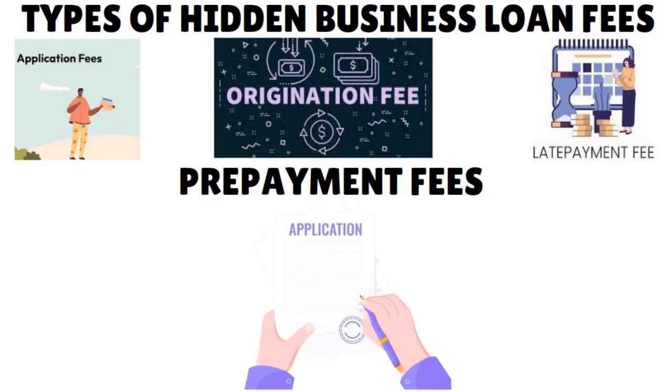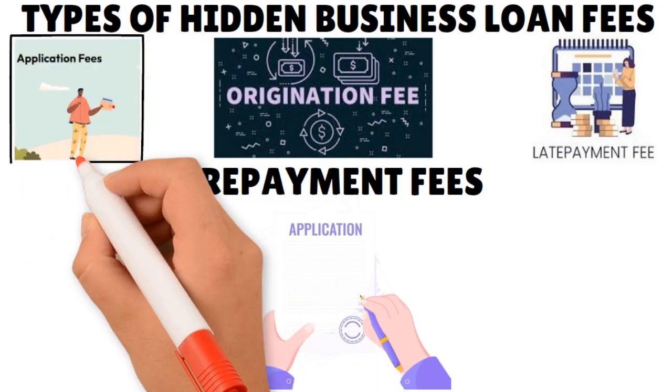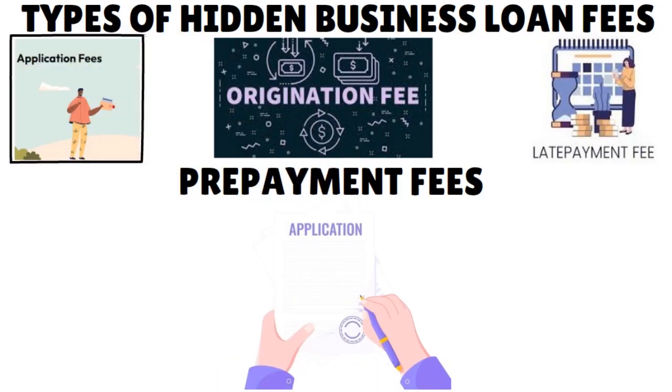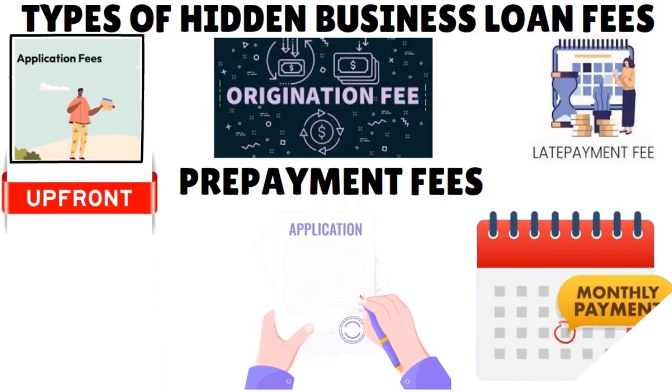Some lenders may charge you an application fee to compensate themselves for reviewing your loan application, analyzing your documents, and pulling your credit score. Depending on the business lender, application fees may be charged upfront or rolled into your monthly payments. What I know from experience is that alternative business lenders will roll those application fees into your monthly payments.